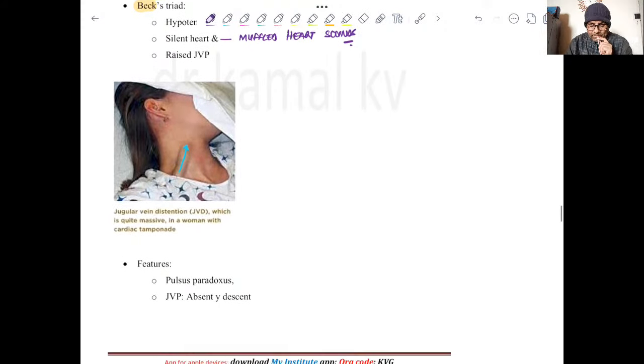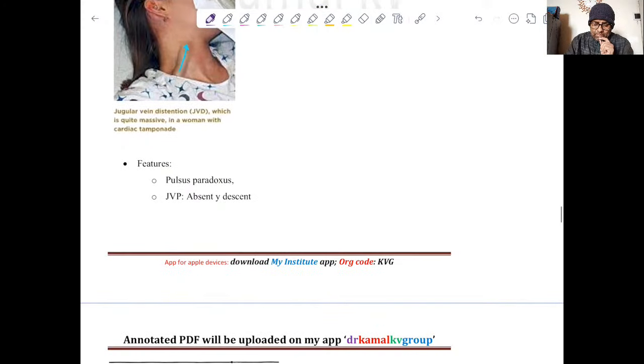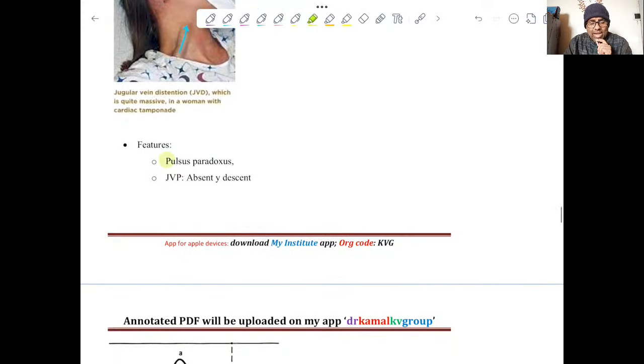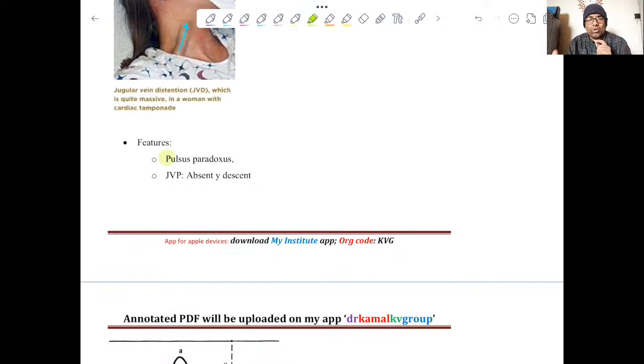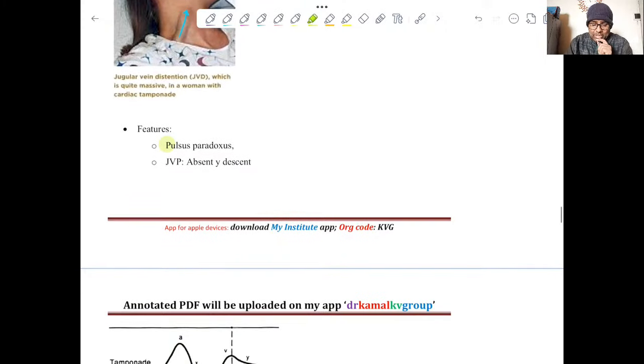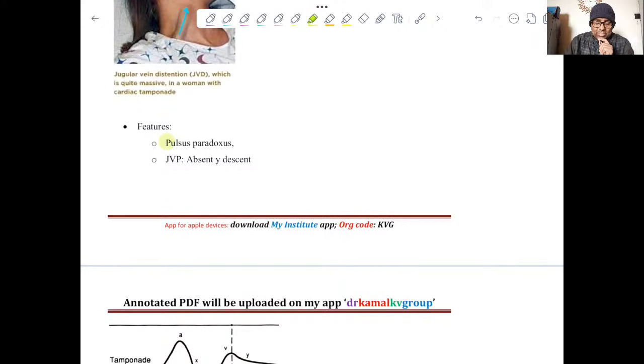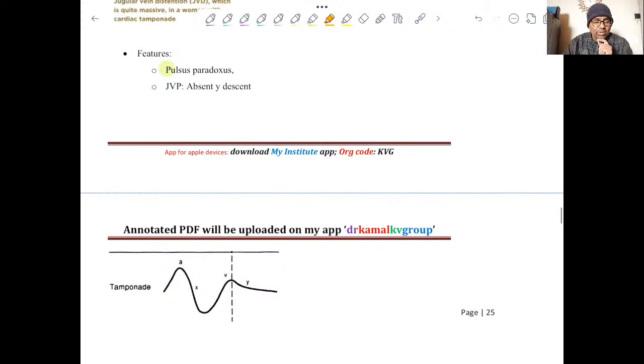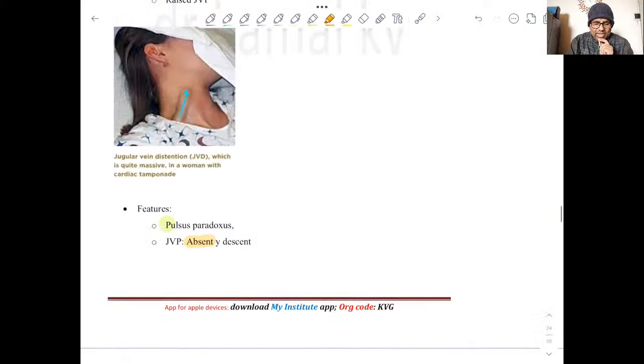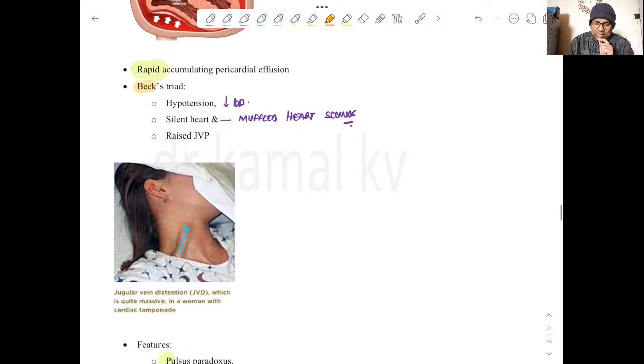So muffled heart sounds. Now features: pulsus paradoxus, we have already discussed, that the fall in systolic blood pressure on inspiration will be more than 10 millimeter of mercury. On JVP, this is a question which is repeated over the years, absent Y descent, clear. And yes, on X-ray we will see a money bag appearance.